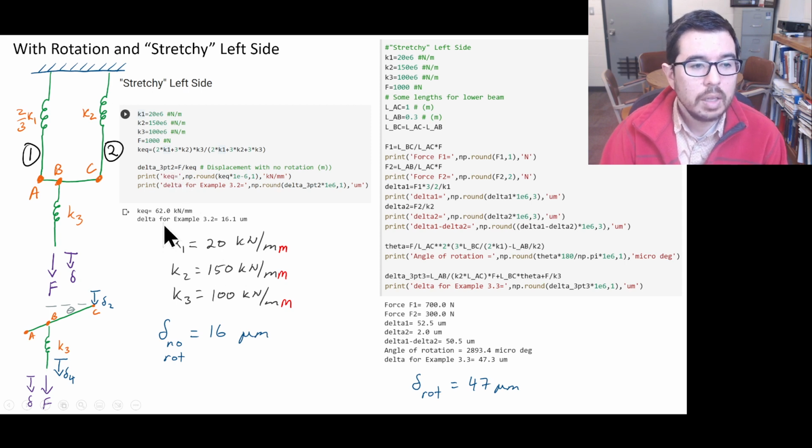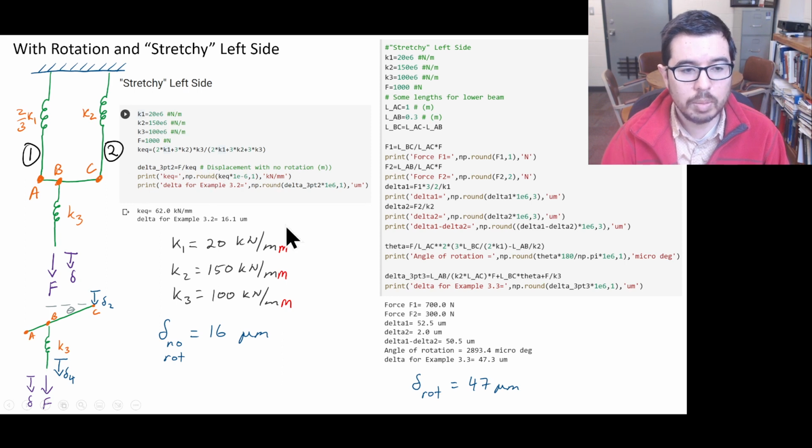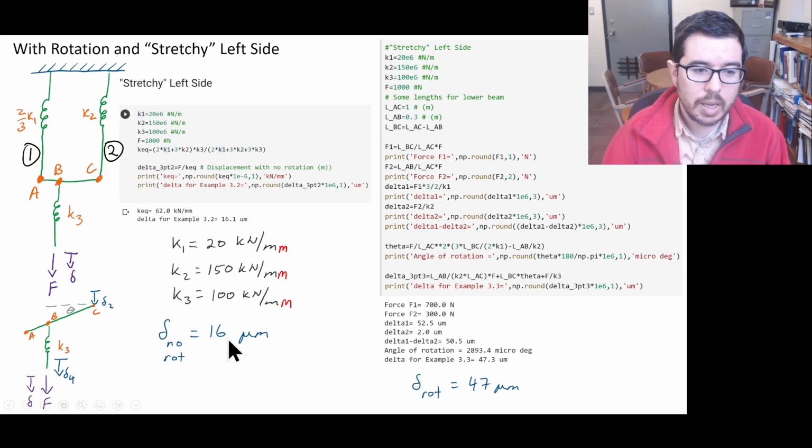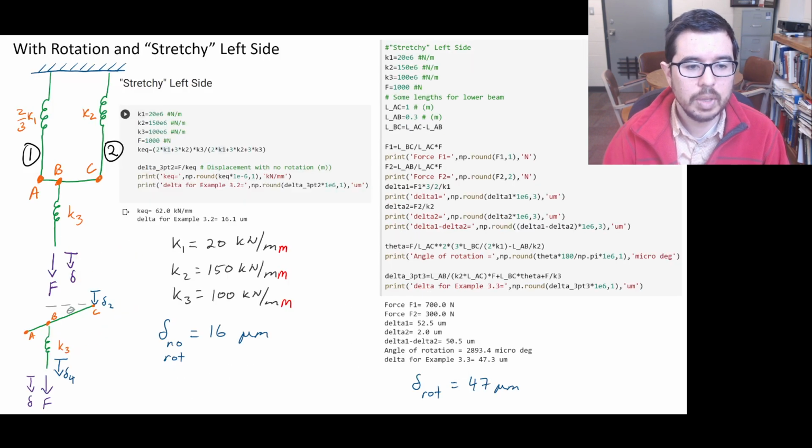Well, we've lowered the spring constant here, which means that we expect more deformation even in the case where we're saying there's no rotation and the system is symmetric and there are no moments on the lower beam. So we went from 13.5 microns to 16 microns.